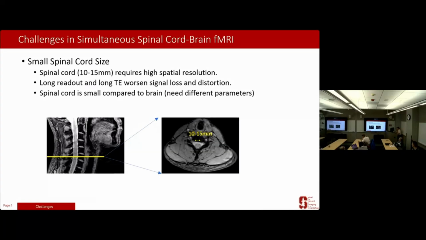The third challenge is the small size of the cord. The largest cross section is only about a centimeter wide. This requires high resolution to resolve fine structure, but high resolution also means longer readout and a longer echo time. These factors contribute to signal loss and distortion, and we will deal with this challenge by using a reduced field of view acquisition.